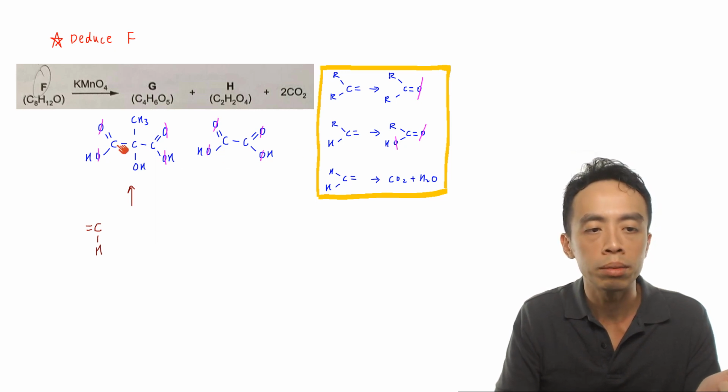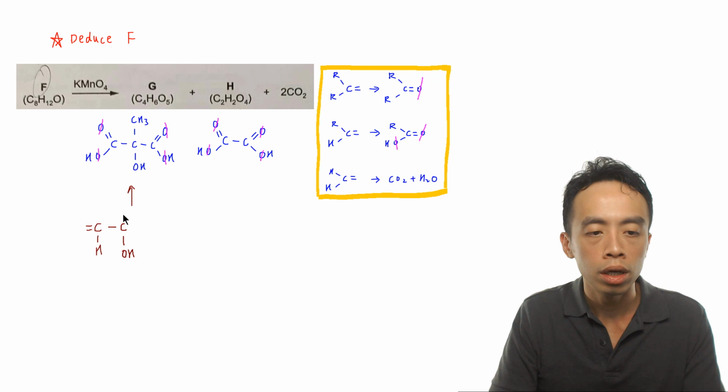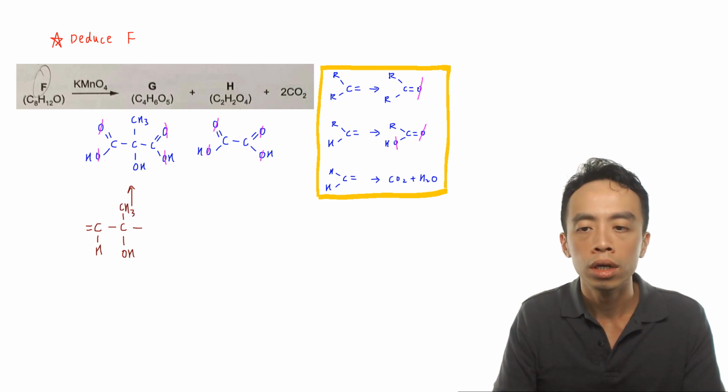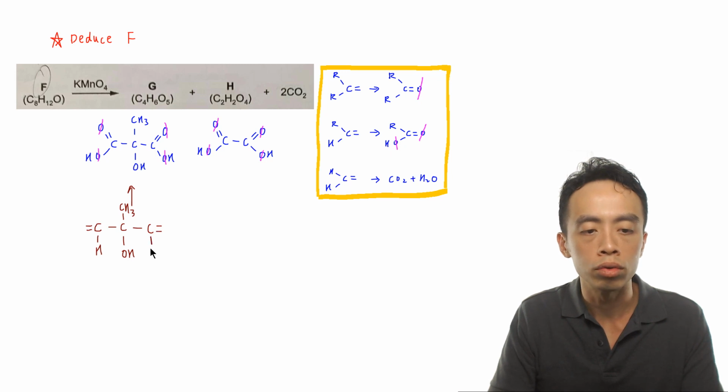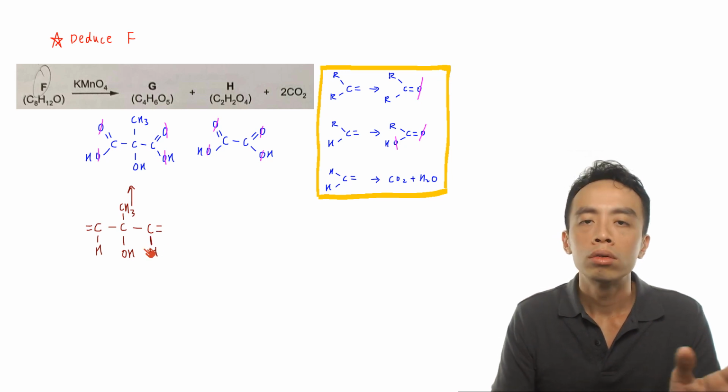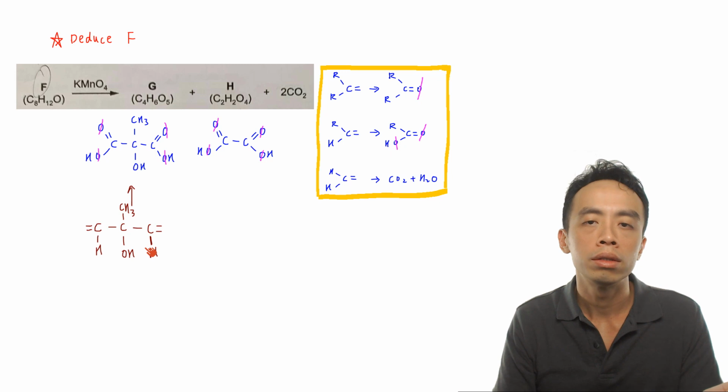Now remember, this carbon is this carbon here, followed by a COH CH3. So let me put this in. This will be a COH group and a methyl CH3 group bonded to this carbon here. This carbon is a C double bond O and a carbon bonded to an H. This will be a C double bond bonded to a hydrogen. So this will be the part of the alkene that will form G on oxidation.